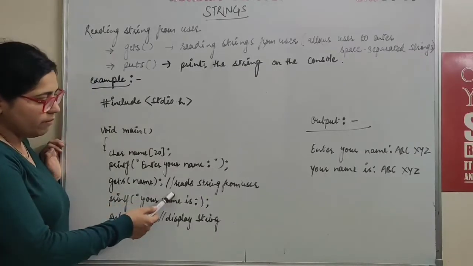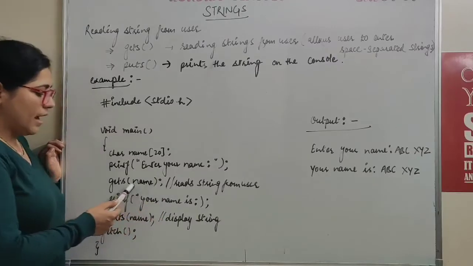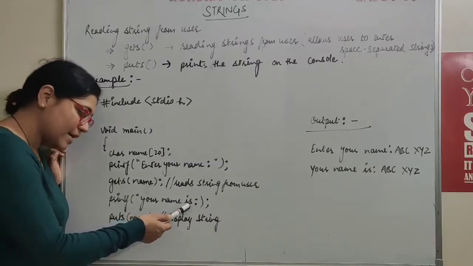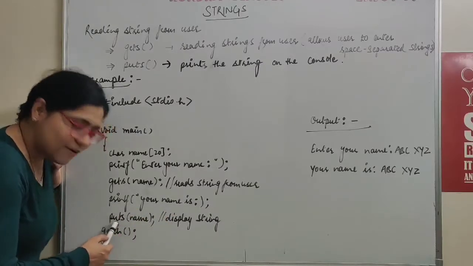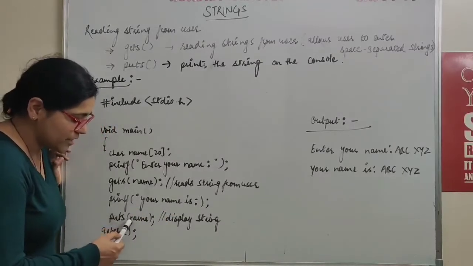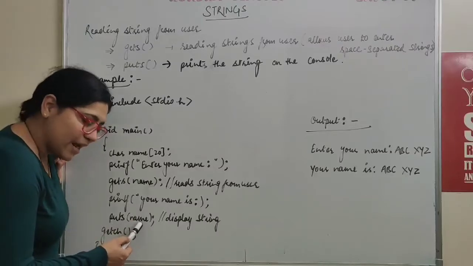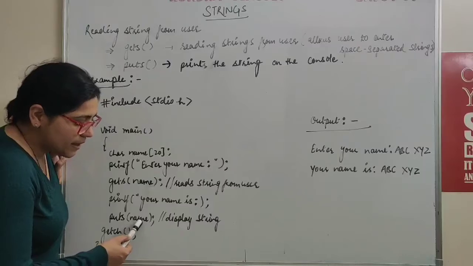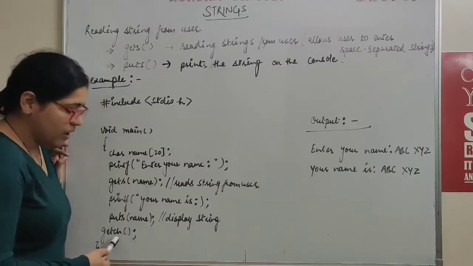It will read from the user, and then the next statement is your name is, and I'm using the puts function here. The puts function also takes one parameter, the name of the string, and it will be printed over the console.